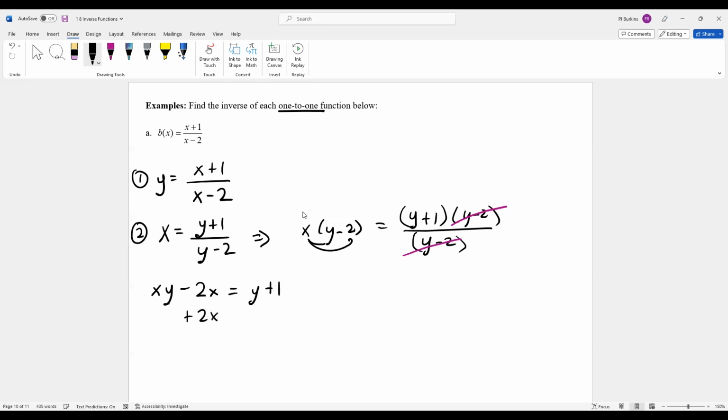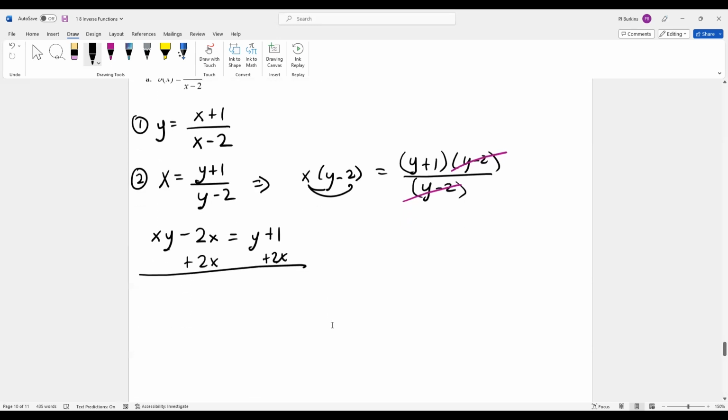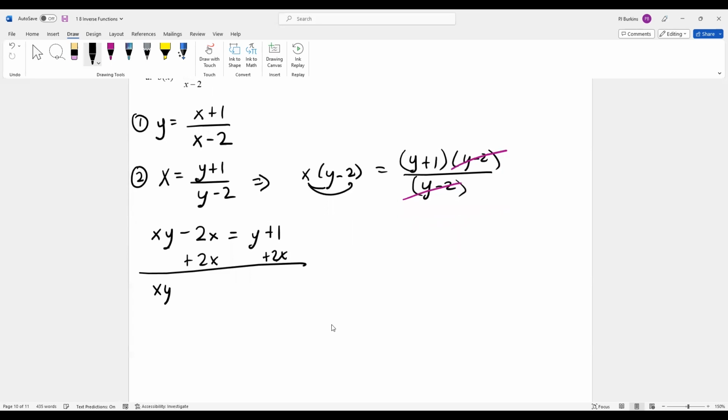So I'm going to add 2x to both sides. So I have xy equals y plus 1 plus 2x. I need to get this y to the left, so I'm going to subtract it from both sides. So I have xy minus y equals 1 plus 2x.